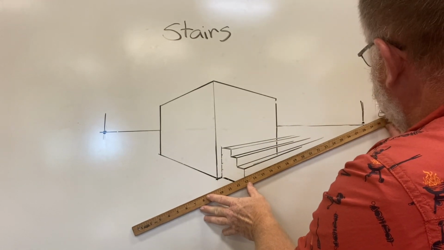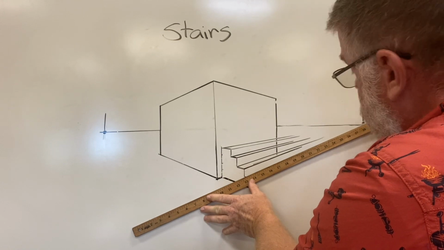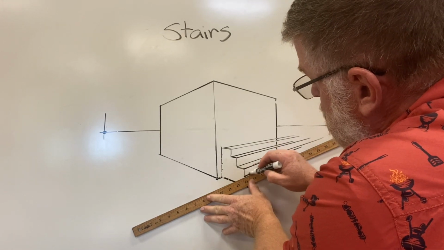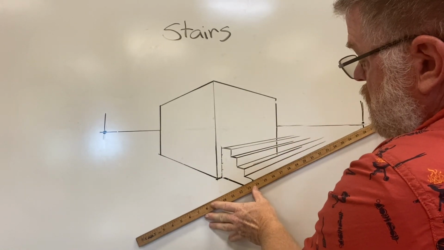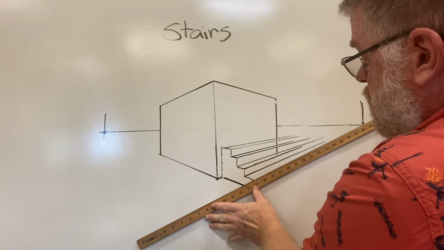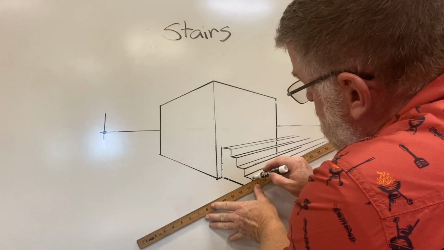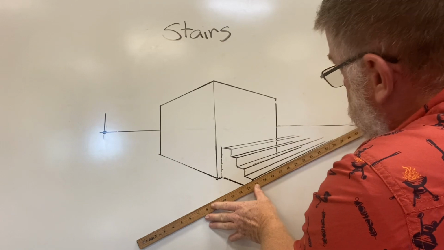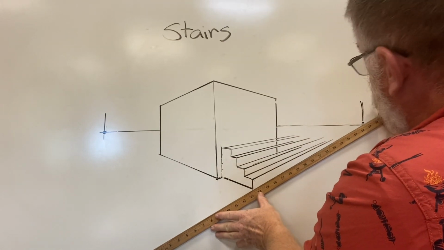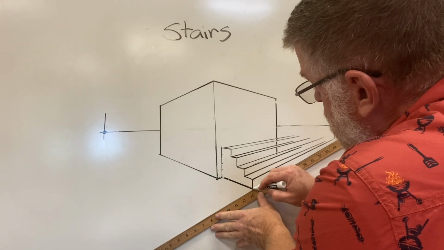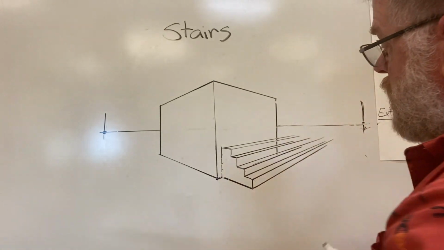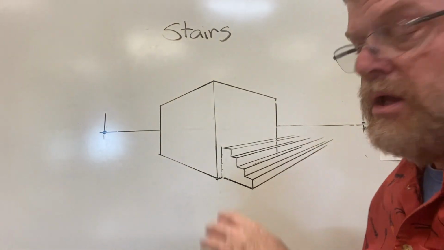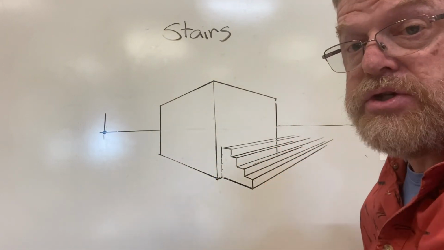So this bottom step, and if you think that makes sense, because ultimately the steps could go above your eye level, then you wouldn't be able to see any of the top of any of the steps. And then down here to the bottom corner, okay? So those all go back to that vanishing point.